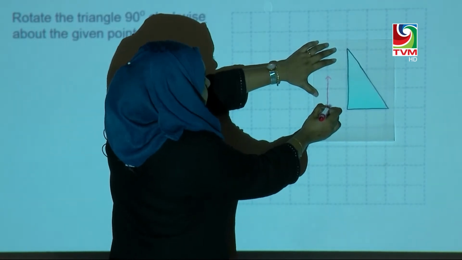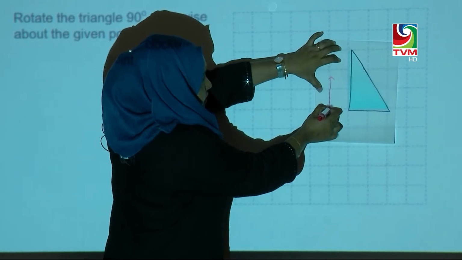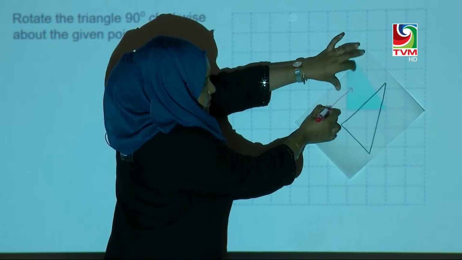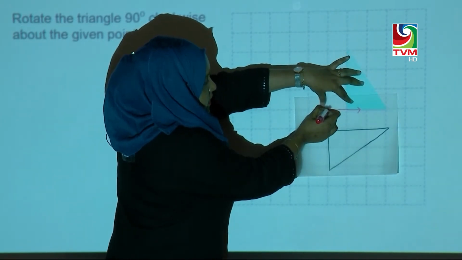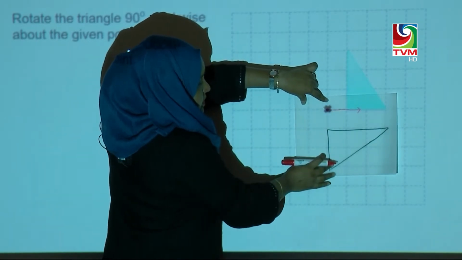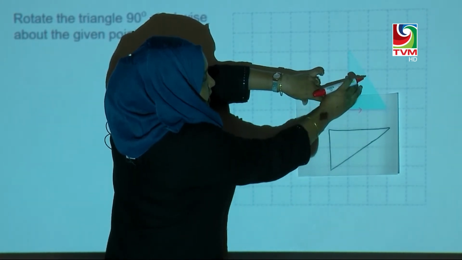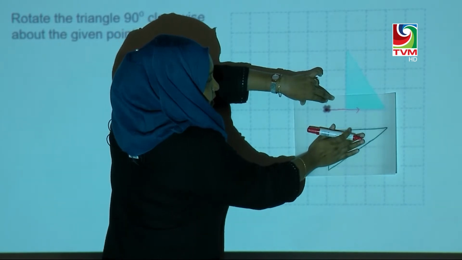It says 90 degrees clockwise. Let's see where our image will be. When the arrow becomes horizontal, it shows that you have rotated your tracing paper 90 degrees. Now when you rotate this triangle, this is your object, your image will appear here. This is where the image is.